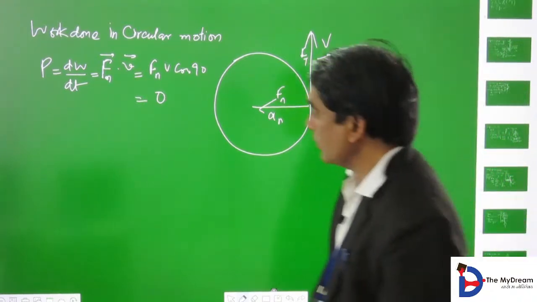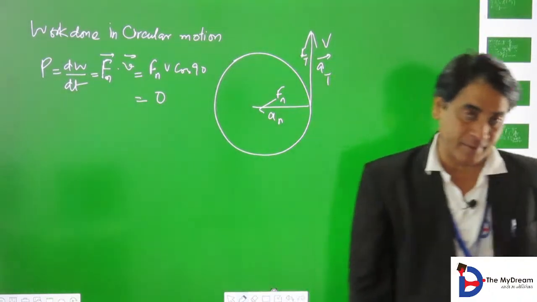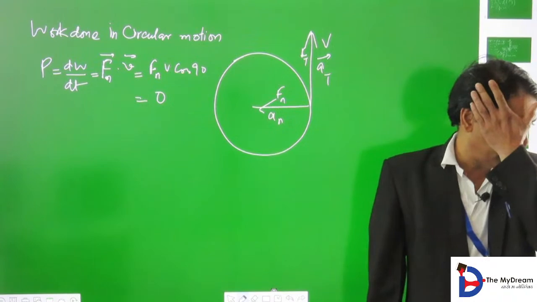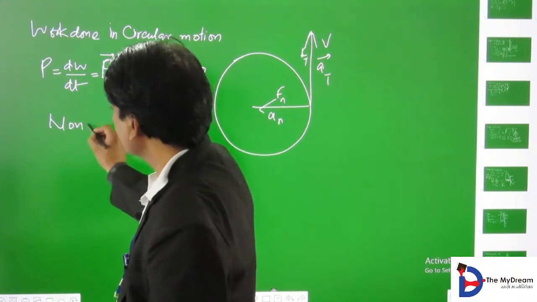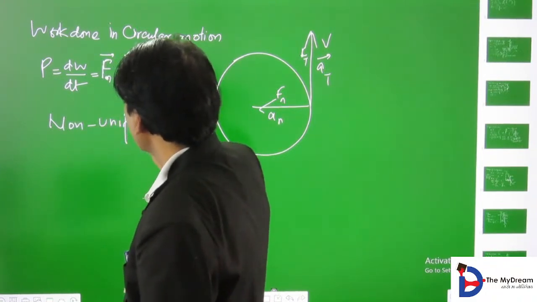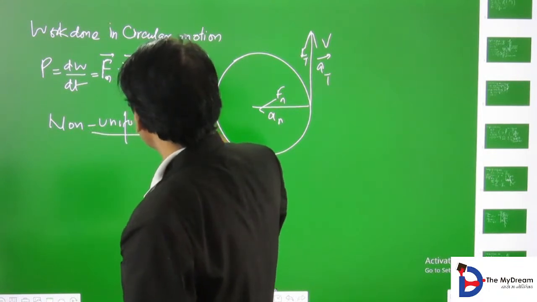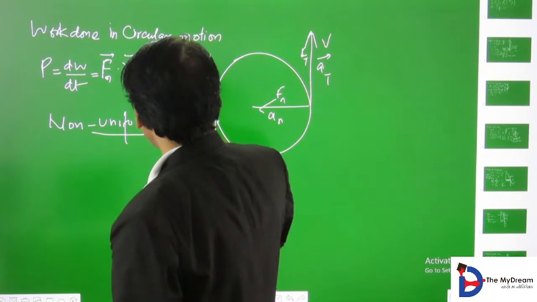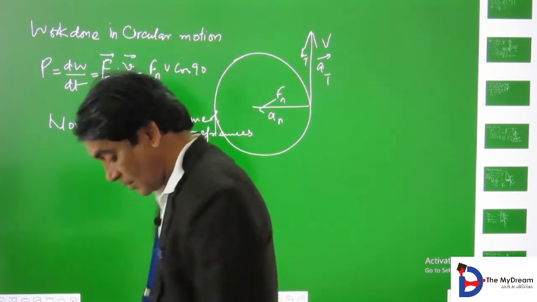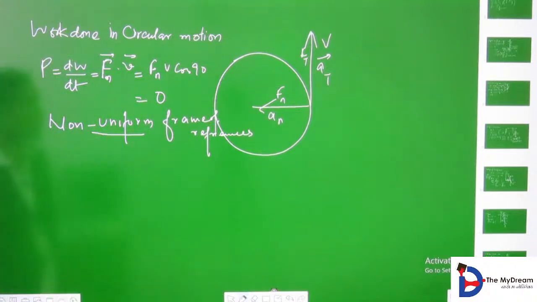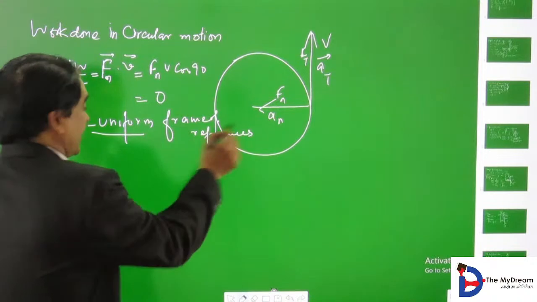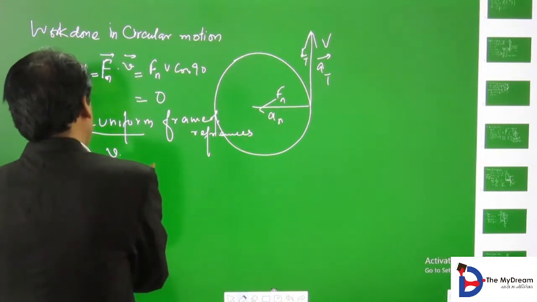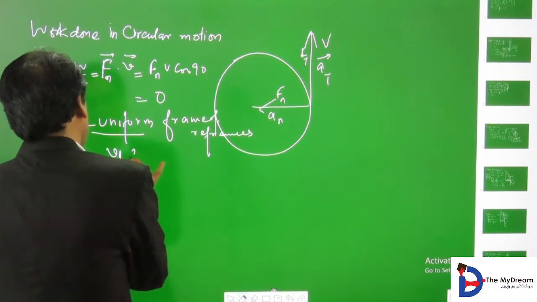But in non-uniform frame of the reference, if we are discussing it, then you see here velocity is perpendicular to the normal acceleration.